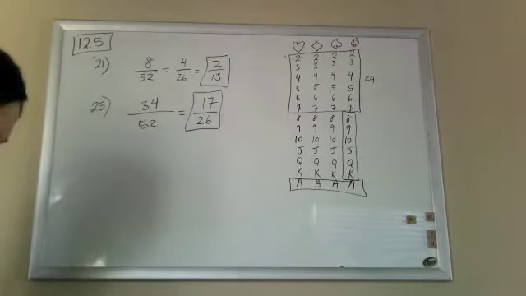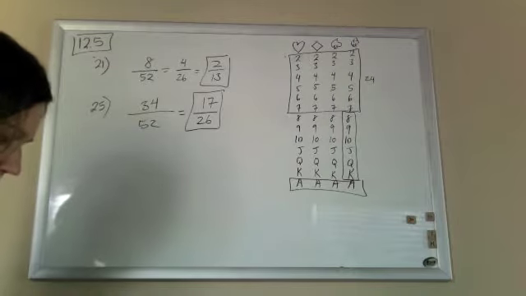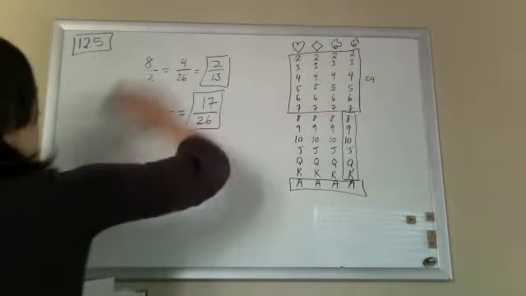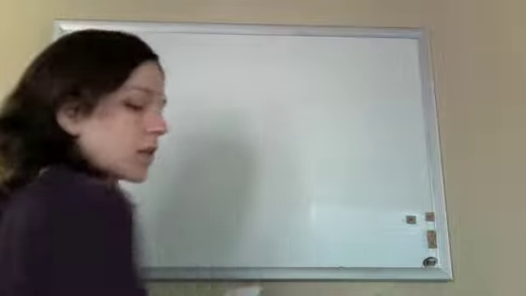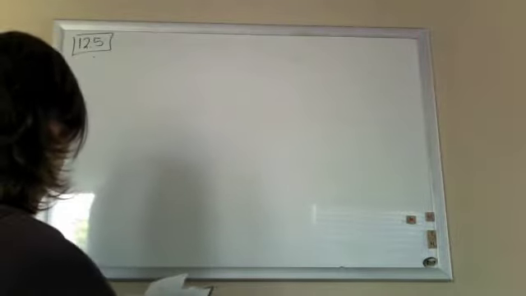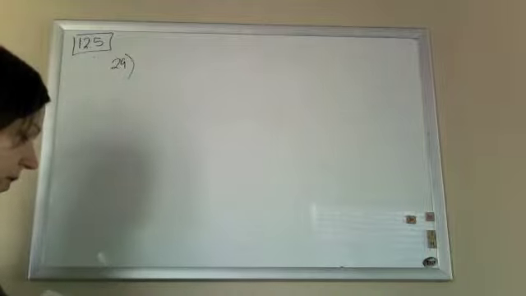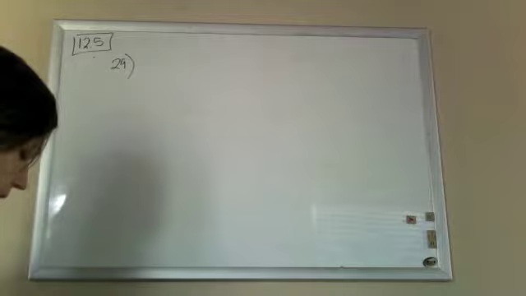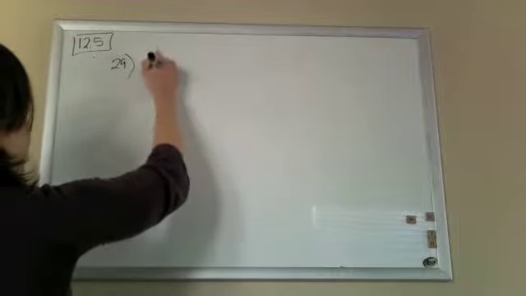So now for 29, we're doing the same thing, but we're selecting 2 cards. So 29, they want the first card to show a lion and the second card to show a bird. And first we're choosing with replacement.